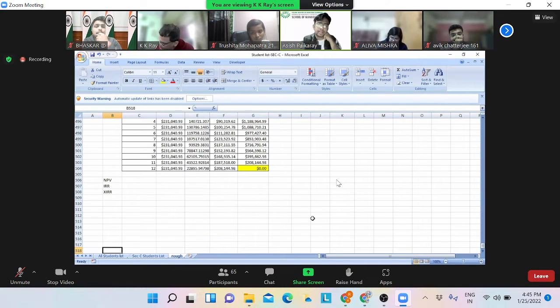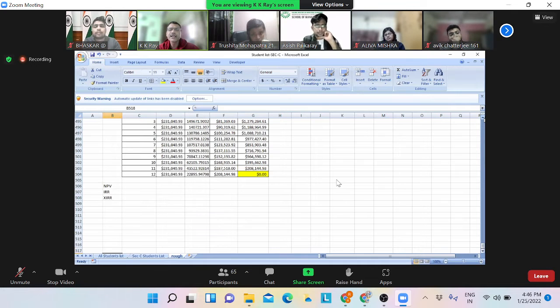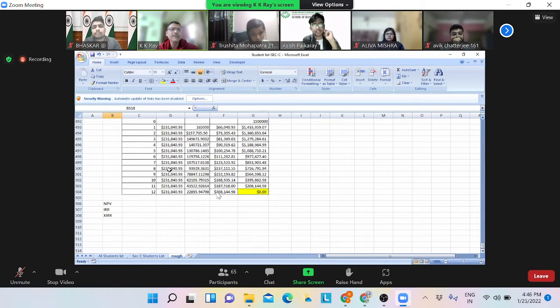Someone wants to pay that money before 6 years, then how can you calculate that? Before 6 years, or 7, or before 10 years. Any one particular time, suppose, say for example, 6.